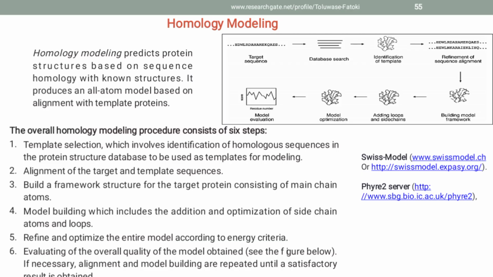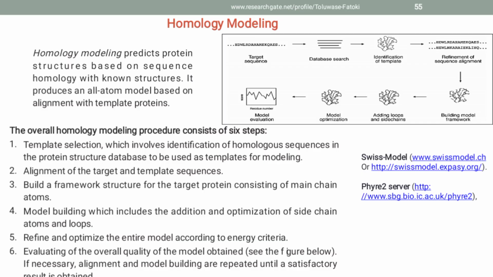Is it monomeric, or is it polymeric? If it exists as one subunit or as two or more subunits, your template will determine the result of your prediction. So choosing the right template is very, very important in homology modeling. Then number two, alignment of the target and the template sequence.